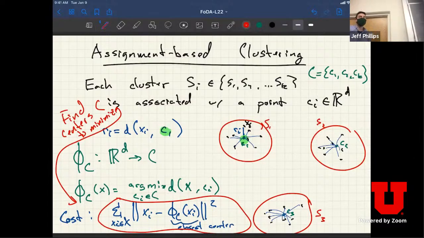It seems probably a little bit trickier, though I will say, if we have exactly one center we're trying to find, if we only have one cluster, we have already solved this problem in this course very early on. If we want to find one center, we need to find a single point that represents all the data. And that is just the mean of all of the data. I can take the average of all the data.